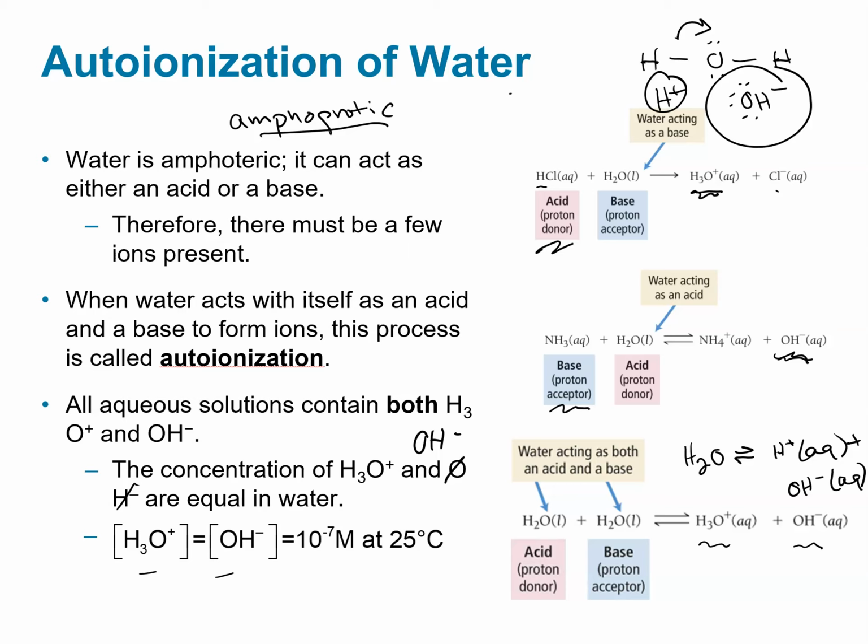So not a very high concentration, which we know, right? Because of normal dissociation. But at any time, a normal glass of water at 25 degrees Celsius is going to have a concentration of both acid and base, or hydronium and hydroxide, present at 10 to the minus 7 moles per liter.